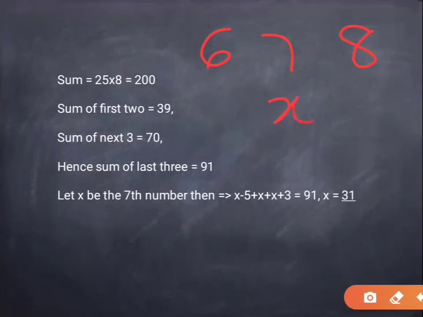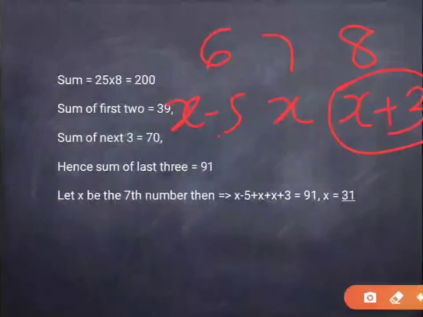So if this is x, this is x minus 5. And if x minus 5 is less than the 8th number by 8, what will be 8th number? X minus 5 plus 8, which is x plus 3.